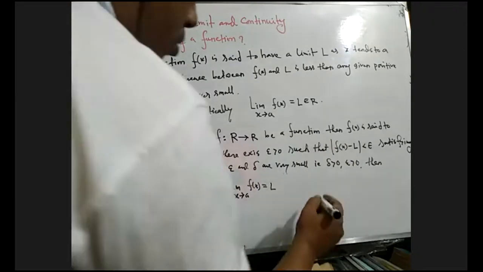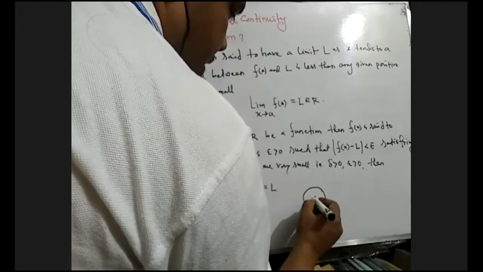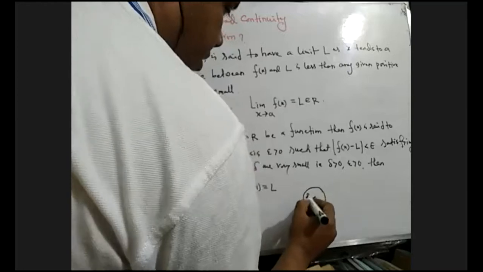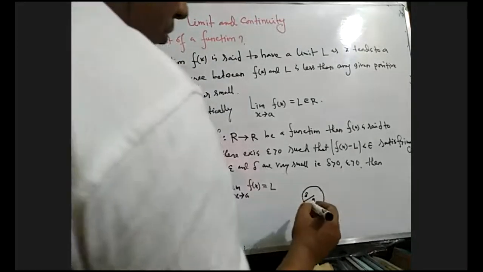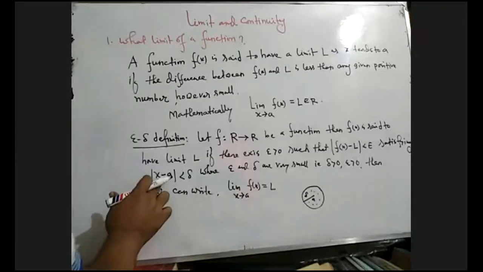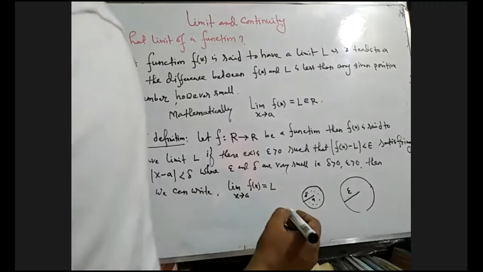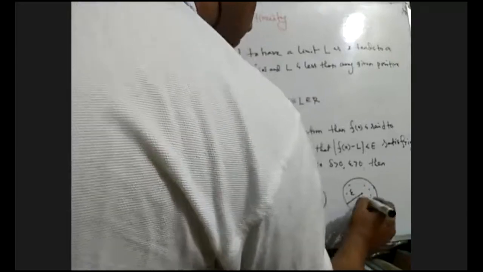So there are two neighborhoods. Suppose this is the center and delta is the radius. There are many points near x, and their distance will be less than delta. This is the delta neighborhood. Another is the epsilon neighborhood, in which there are many f of x.